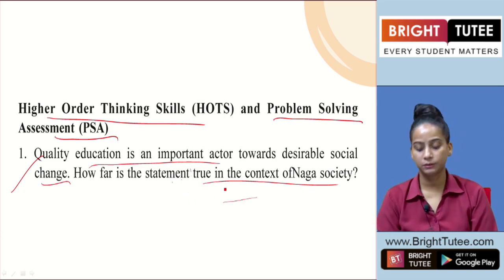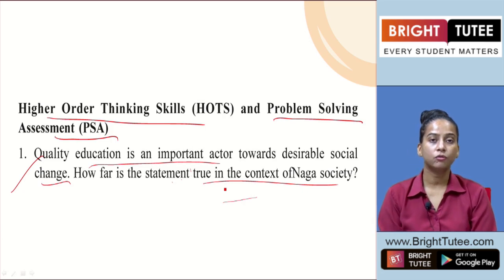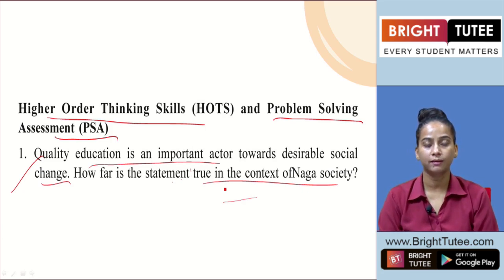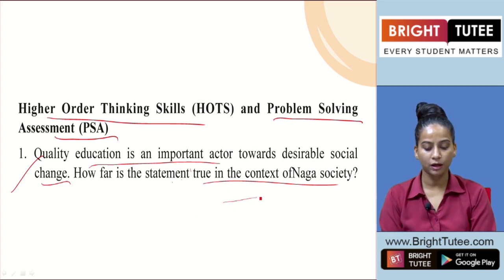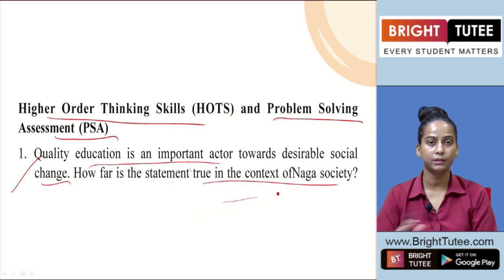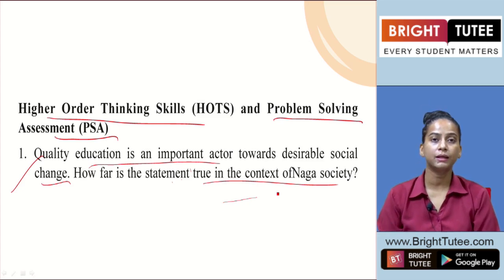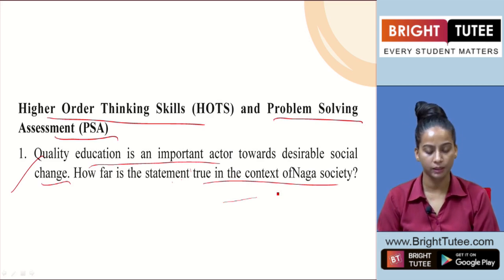If we talk especially about Naga society, quality education has helped them to bring positive change. Although these changes can be seen in different spheres of an individual, somewhere it is bringing a sense of development among the people of Nagaland.